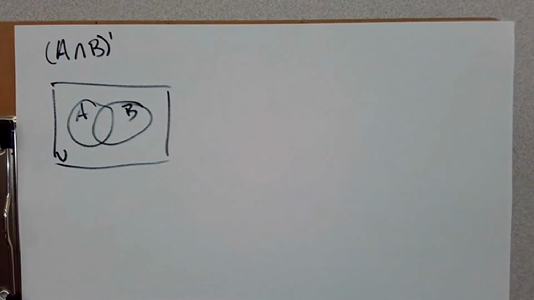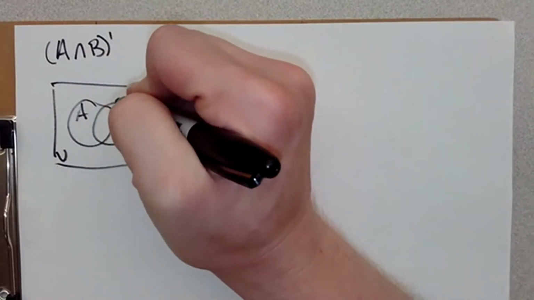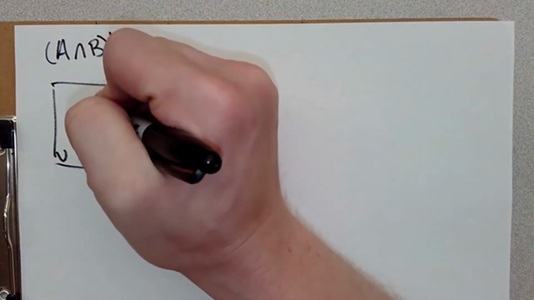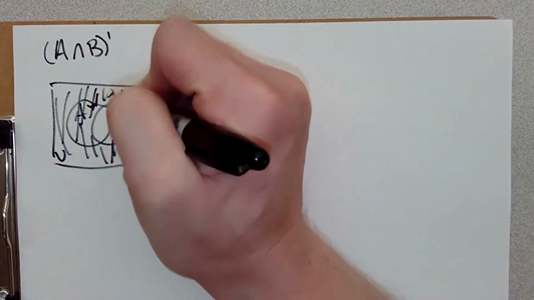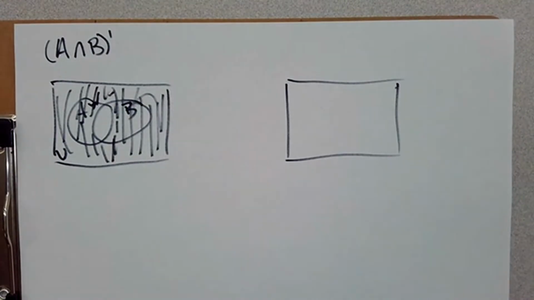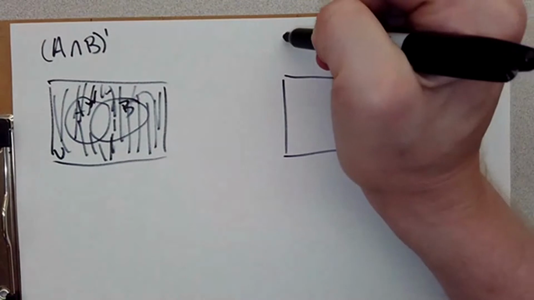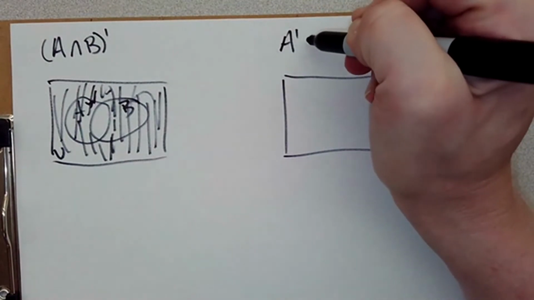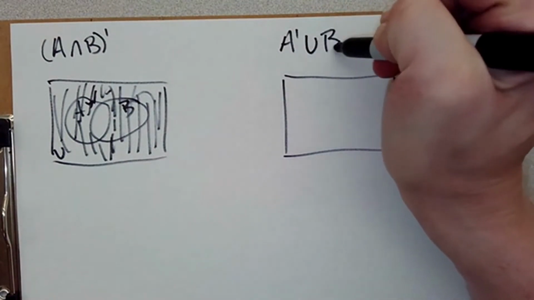So we're going to take the stuff that intersects and take everything outside of that. The stuff that intersects is right here, so everything outside of that is everything except that stuff right in the middle of them. And then we do this. And for this one, we're going to sketch A complement union B complement.